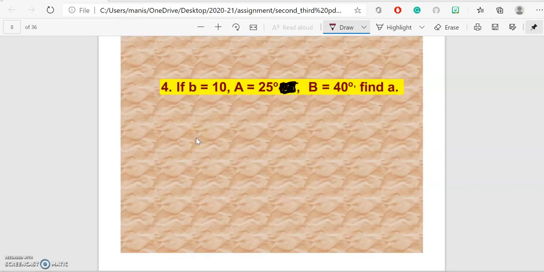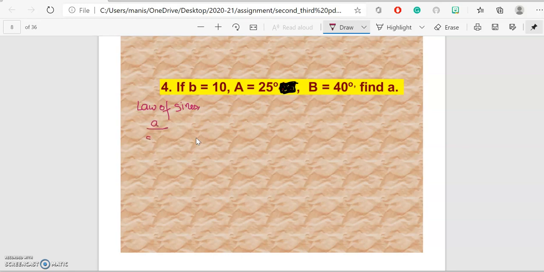Okay, let's practice one more question. Again, if lowercase b is 10, uppercase A is 25 degrees, uppercase B is 40 degrees, find lowercase a. So step number one is I will write my law of sines. In this case, I don't see c over here.